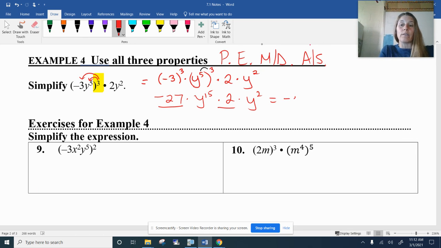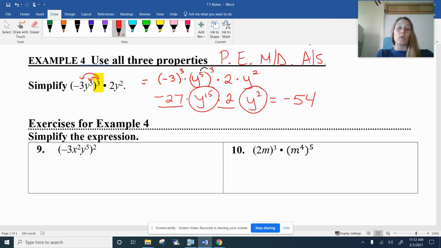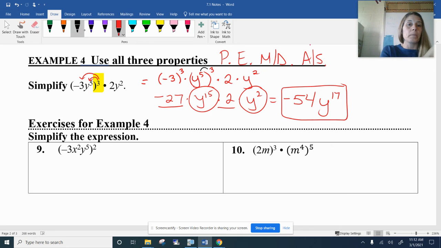It equals negative 54. And then when you multiply the y to the 15th times the y squared, if you remember the first property we did today, the product of two powers, you add those exponents. So this would be y to the 17th. So this would be your answer for that.